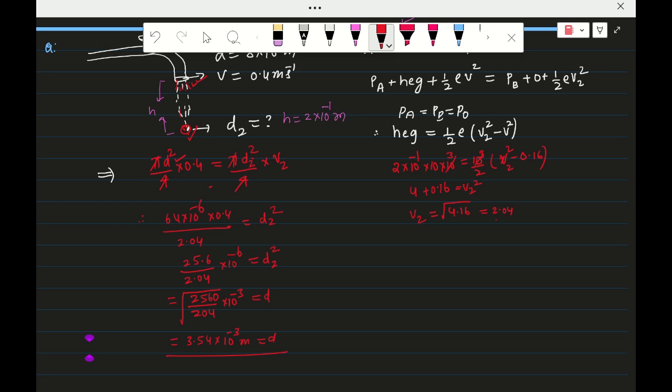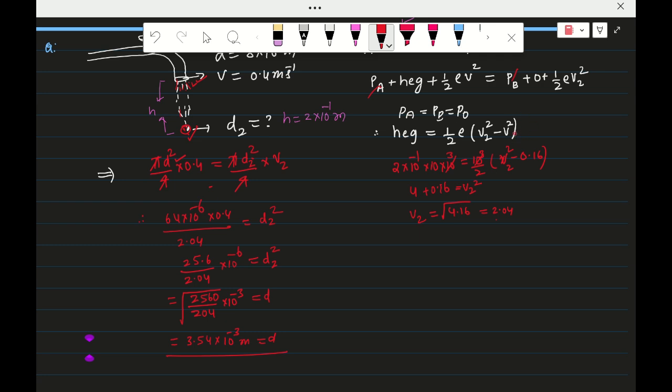To get the V2 value, Bernoulli's principle will apply. Pressure at A plus H rho G plus 1 by 2 into rho V square. Pressure at A is atmospheric pressure, and pressure at B is also atmospheric pressure. These two get cancelled. Therefore, H rho G is equal to 1 by 2 rho into V2 minus V square.